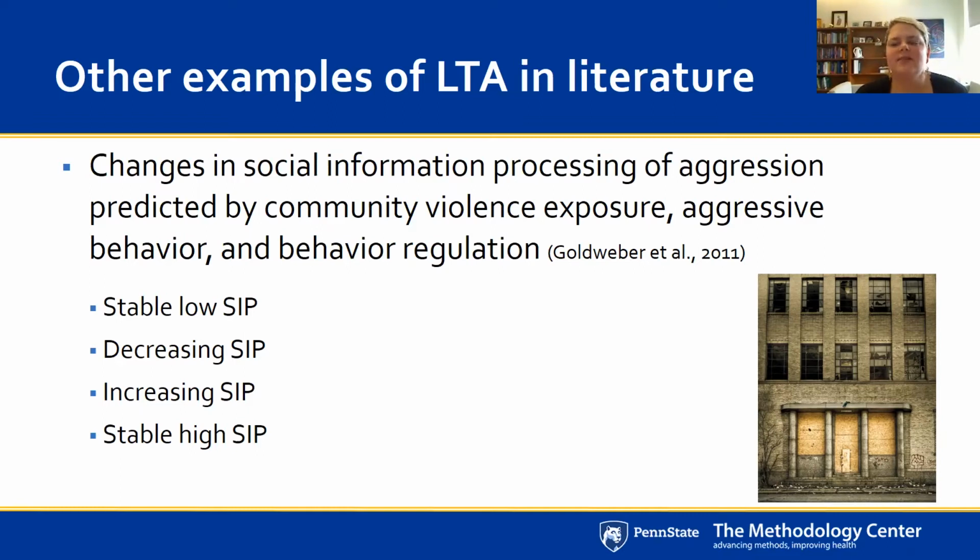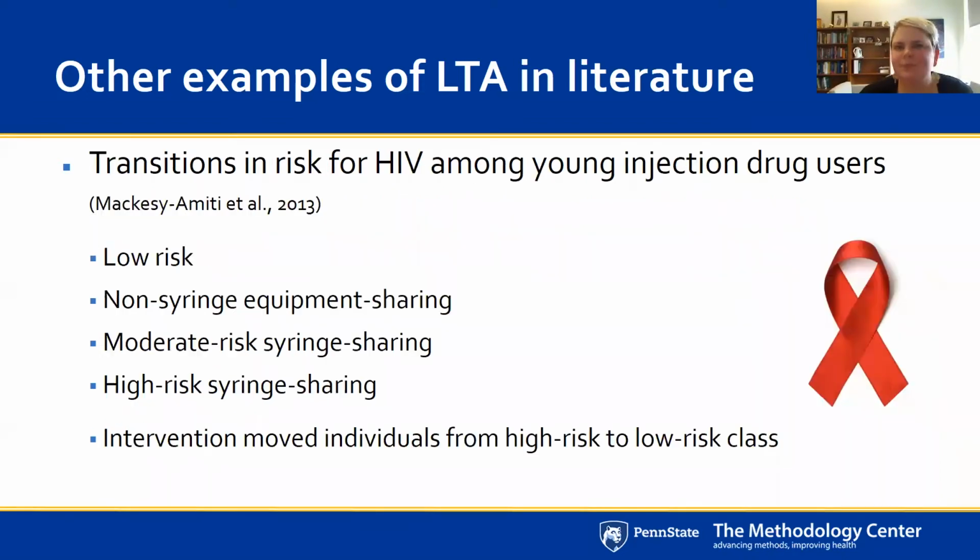Also, different types of socioeconomic status indicators, for example, and how those are changing over time. This particular example is on social information processing of aggression, combined with community violence, aggression, and then also behavior regulation.